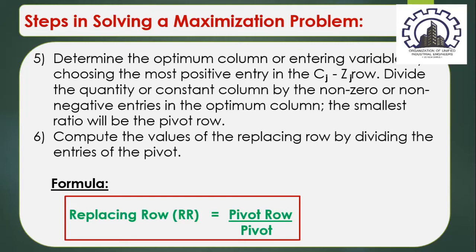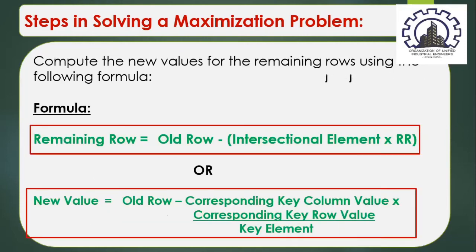Next, we need to calculate or compute the values of the replacing row by dividing the entries of the pivot row by the pivot. And take note, our formula in getting the replacing row is the pivot row divided by our pivot. And next, we need to compute the new values for the remaining rows using the following formula.